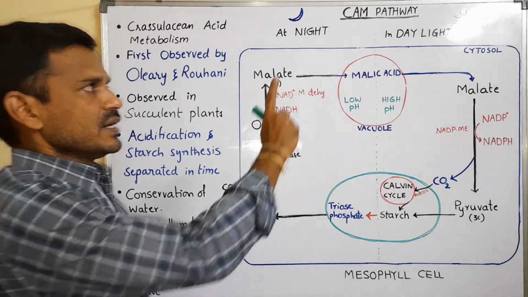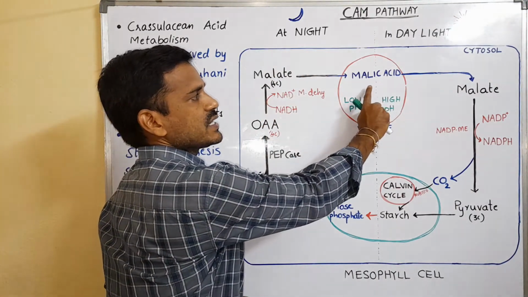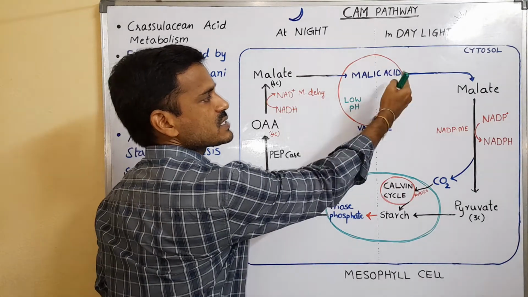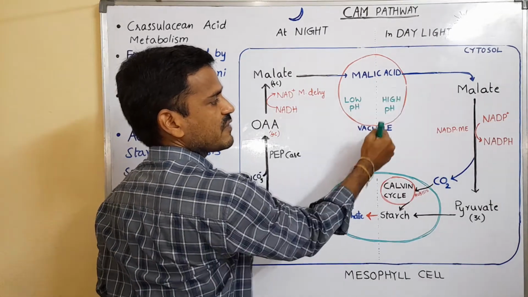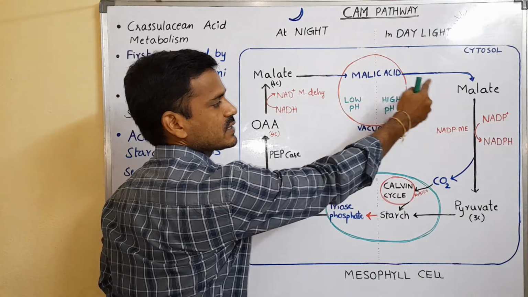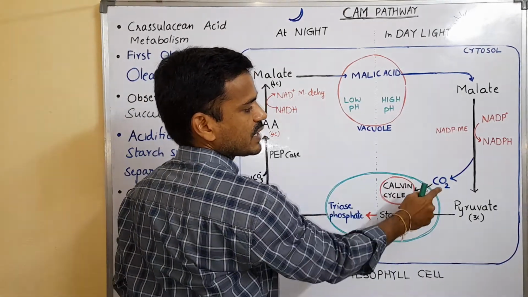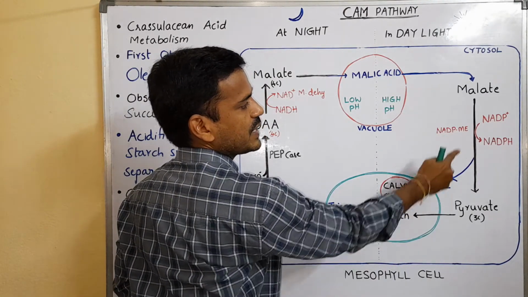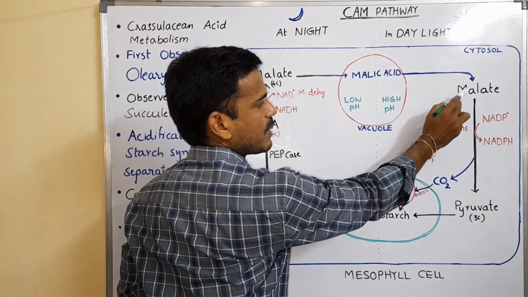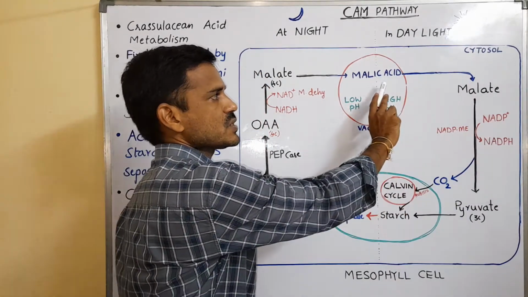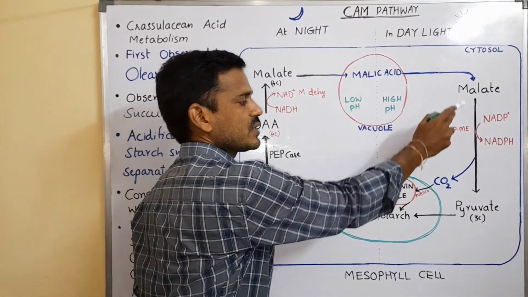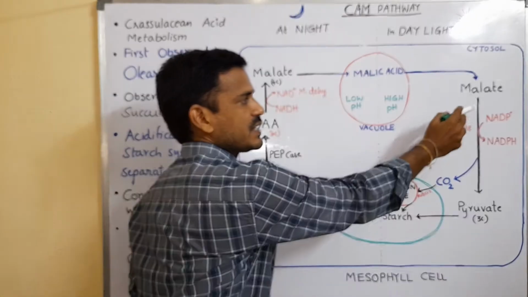Next, during the daytime, malic acid comes out from the vacuole. It undergoes one decarboxylation and one dehydrogenation.